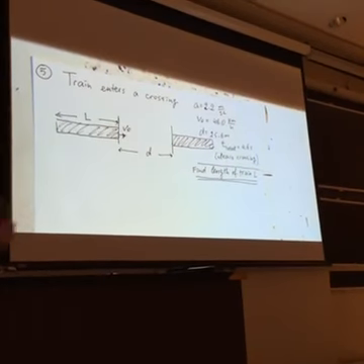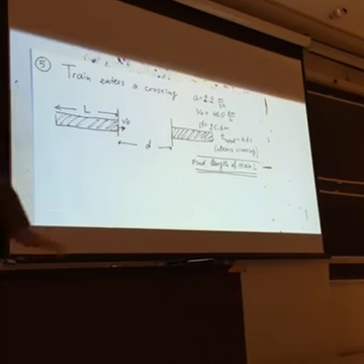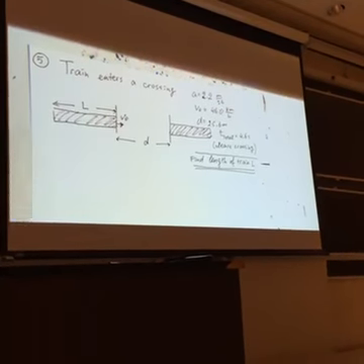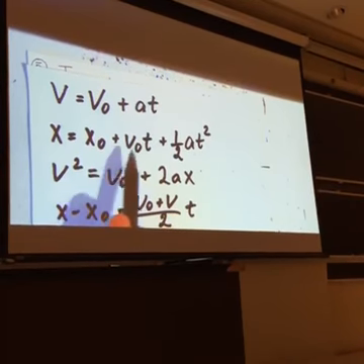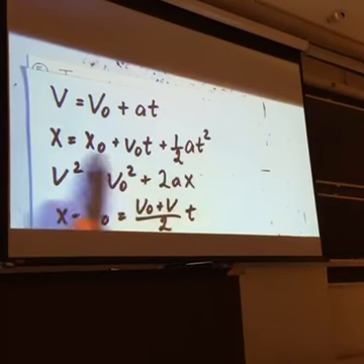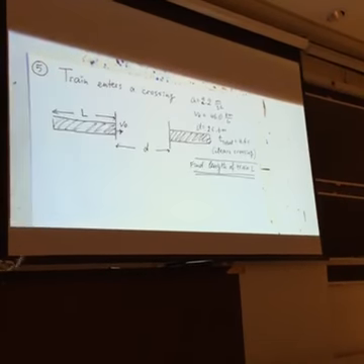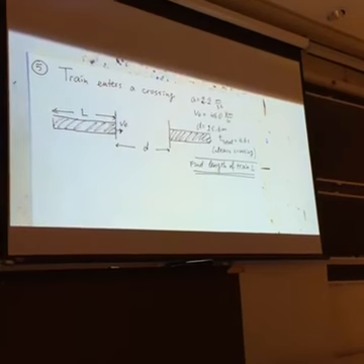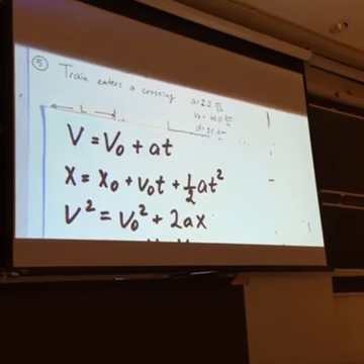So this is related to distance traveled, time, acceleration, with final velocity not involved. So I can use this formula. Basically, total x minus x0 will be the total distance traveled, right?